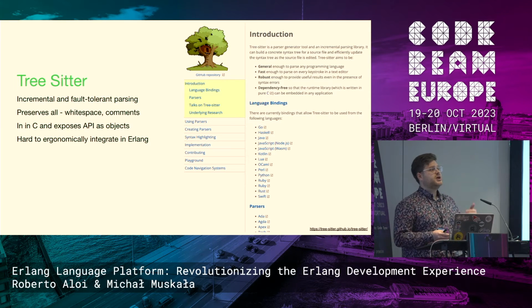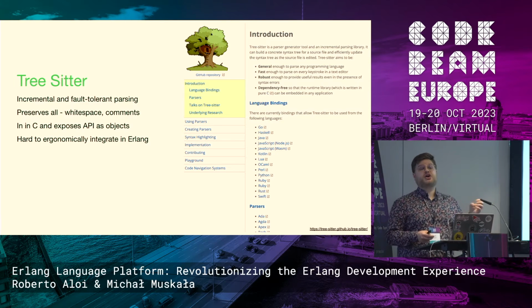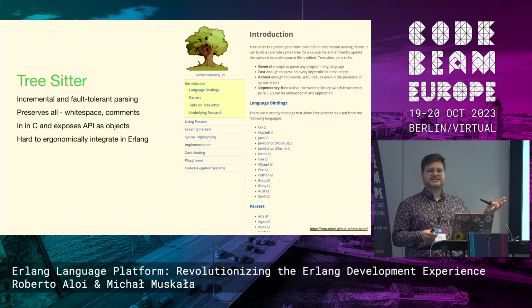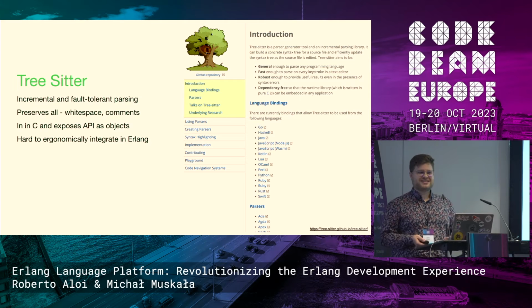At the same time, with TreeSitter, you always produce a parse tree, no matter whether your code has syntax errors or not. Part of that tree might be an error node that says this doesn't make sense, but the rest will be incorporated in some way, which is extremely powerful in the IDE use case, where, as Roberto said, I might say it a bit differently, you almost always work with broken code. The code while you're editing is almost always broken in some way, that's why you're editing it.